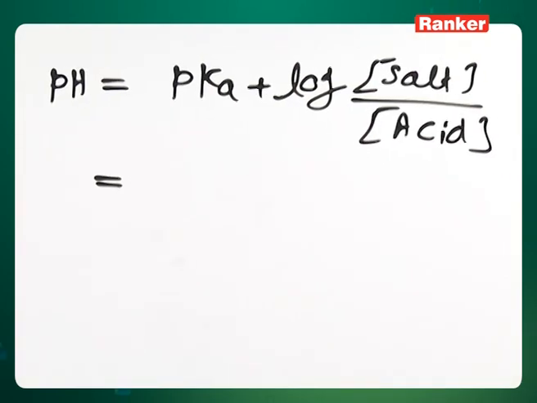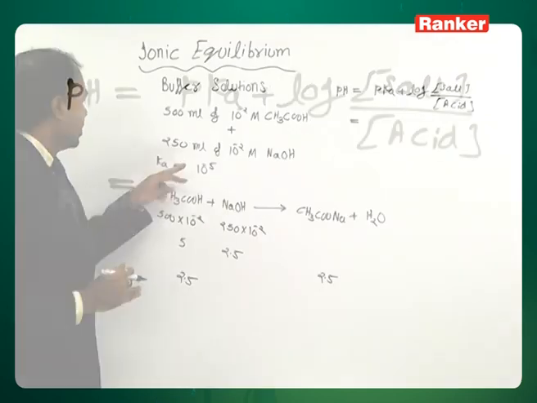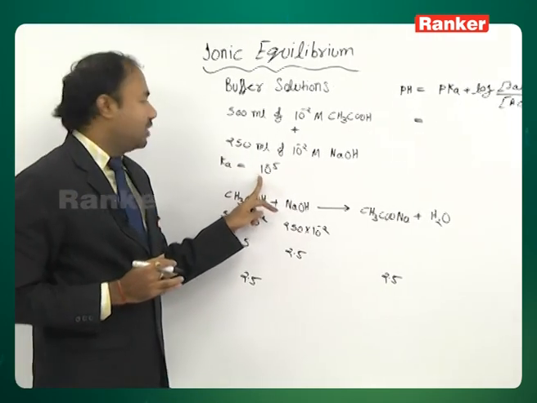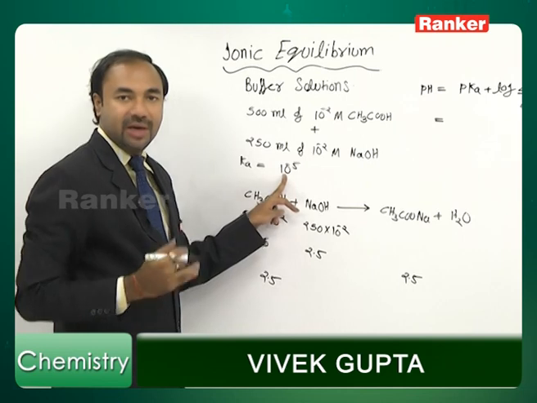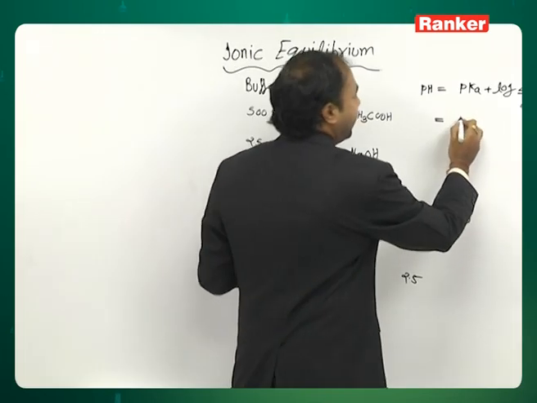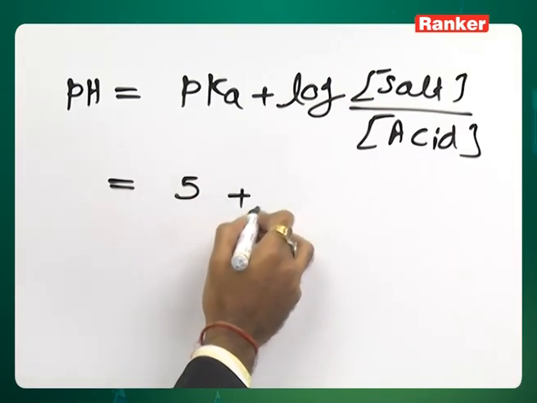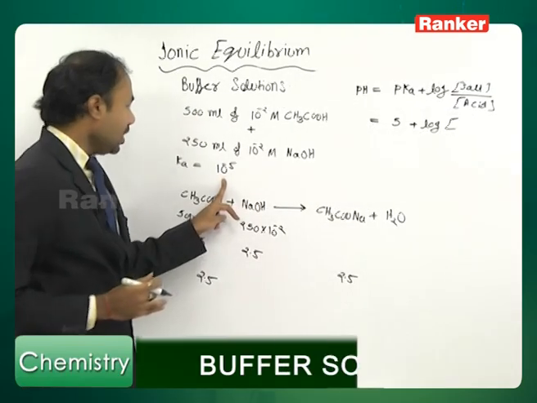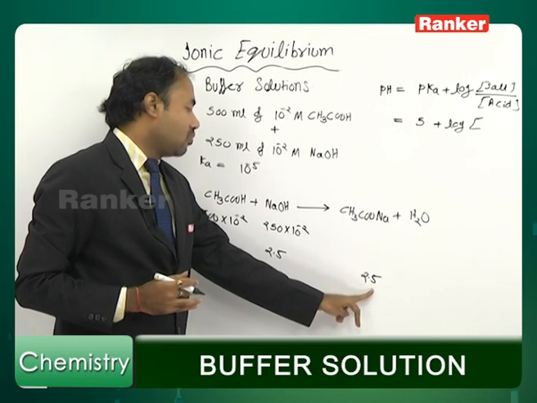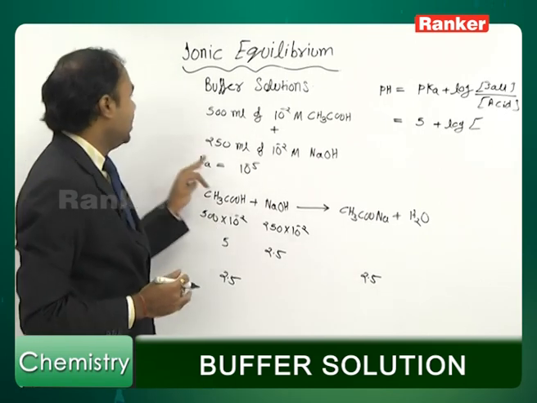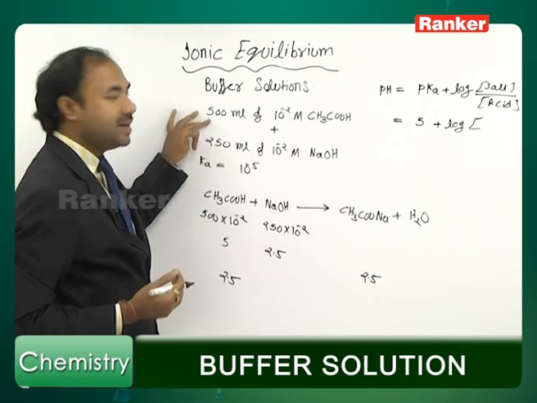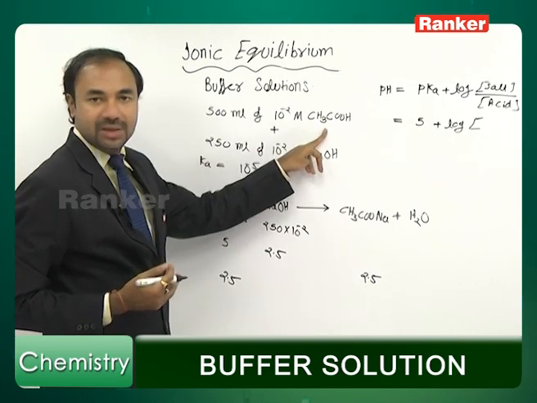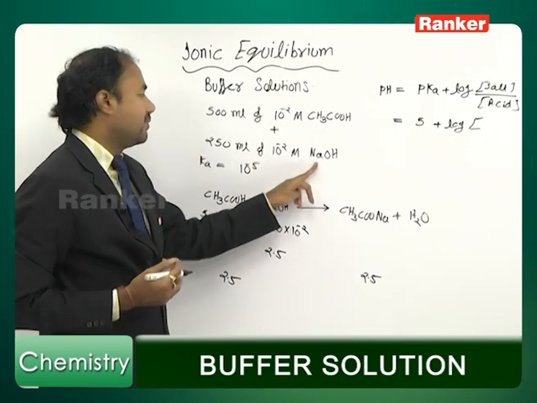We substitute the values. Minus log of 10 to power minus 5 will be pKa for this, which will come out to be 5, plus log of concentration of salt. For salt concentration, this is 2.5 millimoles. If we talk about concentration, this will be 500 ml, which came from acetic acid, plus 250 ml, which came from sodium hydroxide.